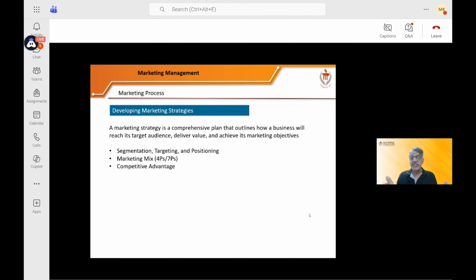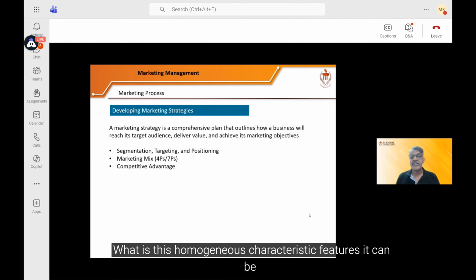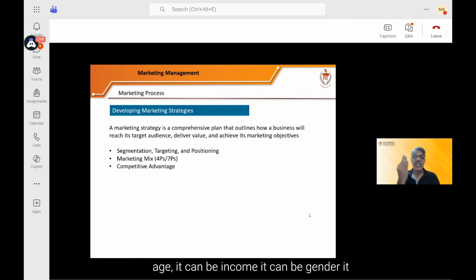Segmentation is bifurcation of the entire market into homogeneous characteristic features of consumers. What are these homogeneous characteristic features? It can be age, income, gender, society, status, anything.